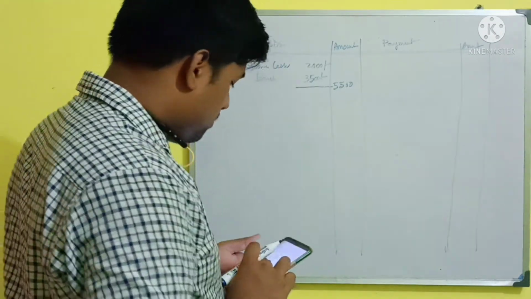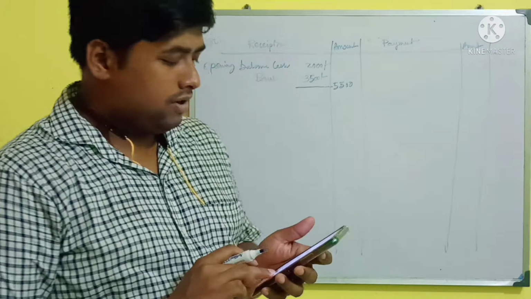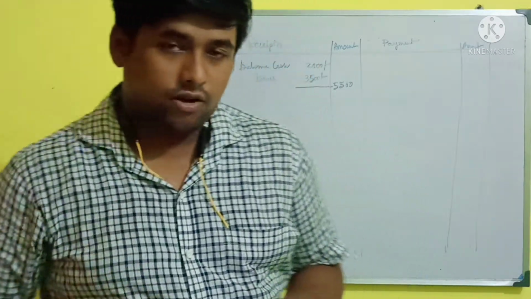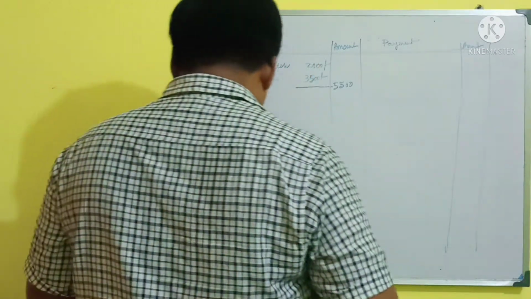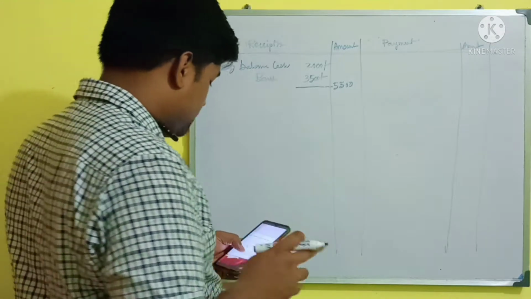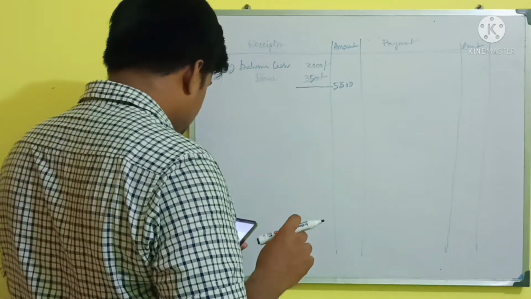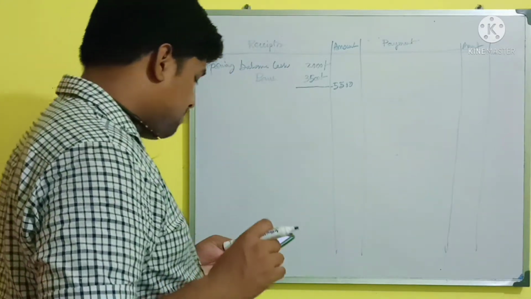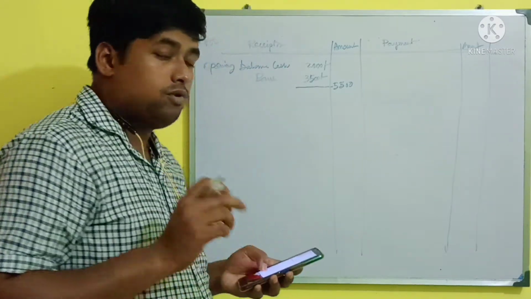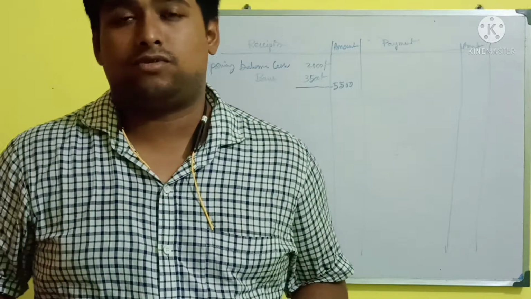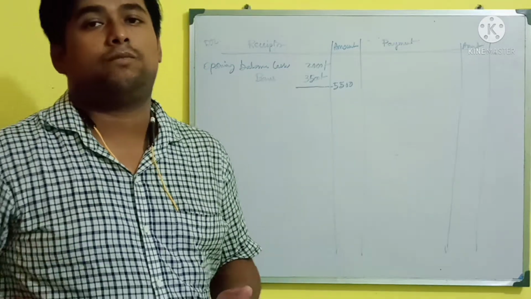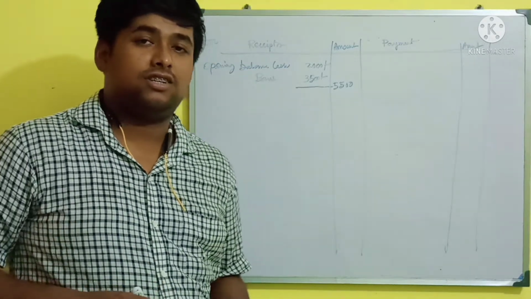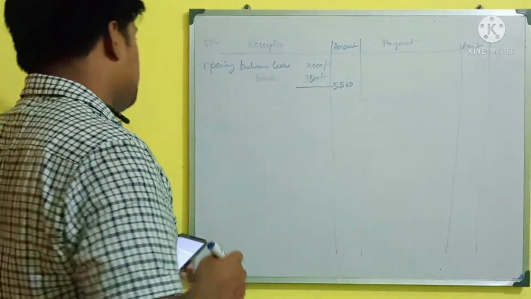Now first we have to write down the receipt side of this account. Receipt side means the subscription amount, the donation amount, and also the life membership amount, which is our income, or which I received from others or various organizations for this club only.